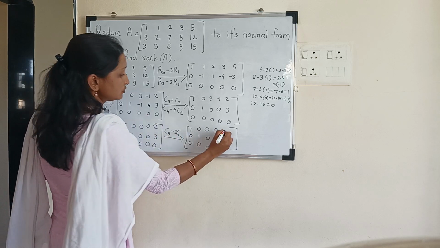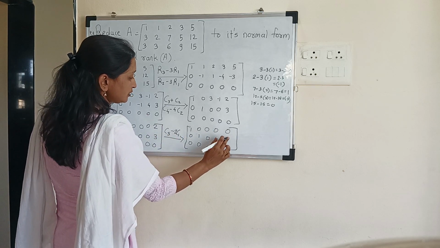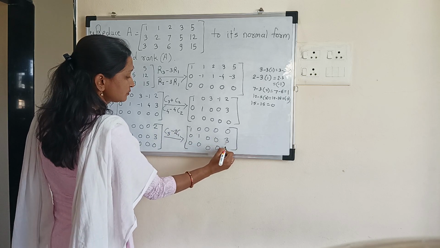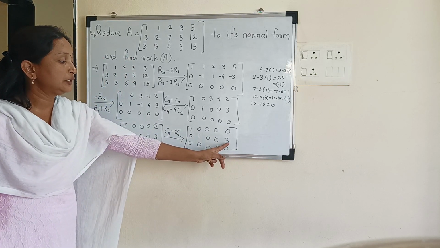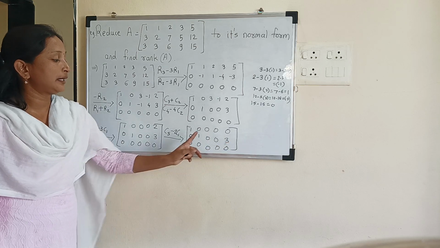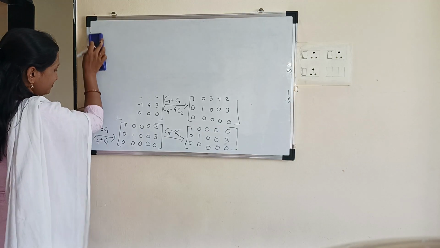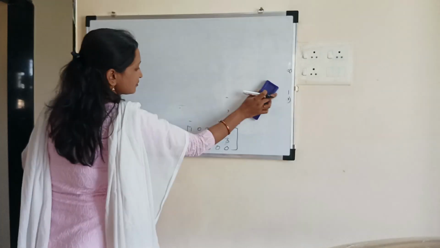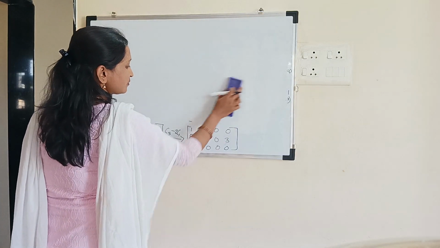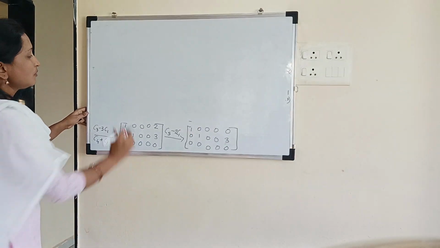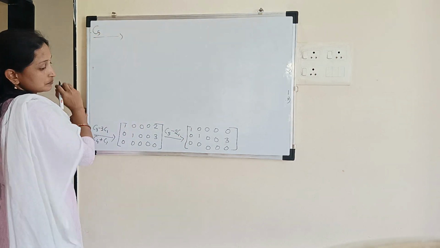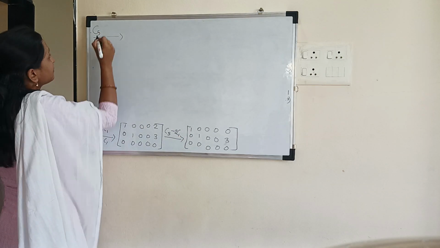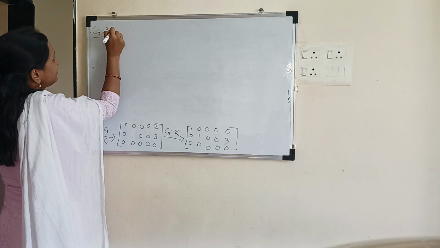2 minus 2, 0. The second entry will be as it is. Now for this entry to be 0, we will use C5 minus 3 times C2.